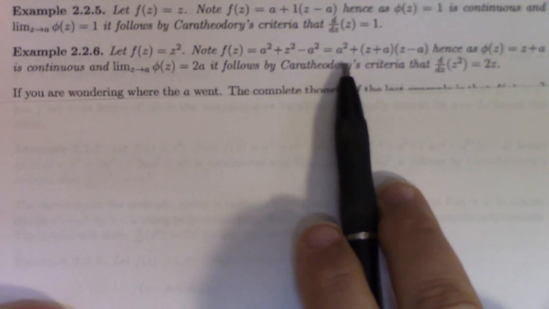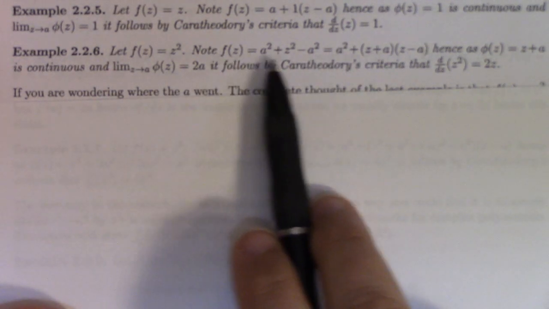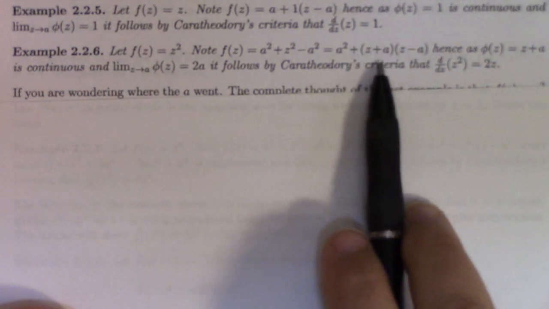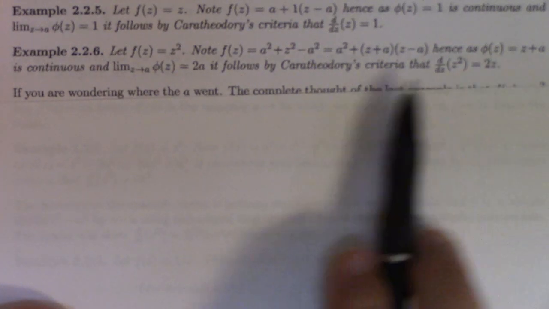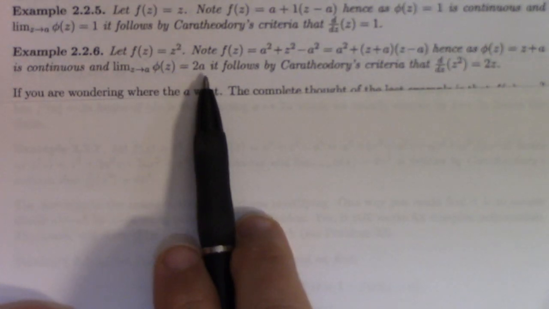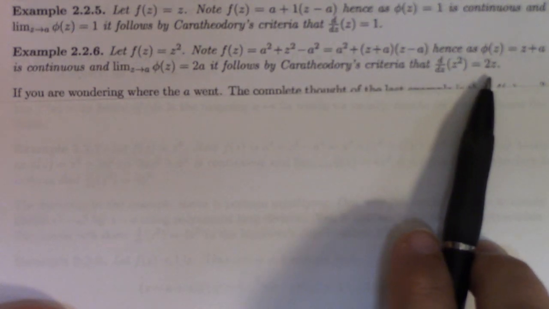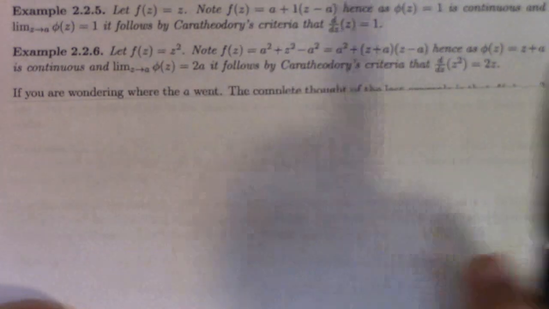So in this case f of a is a squared, so we've got f of z equal to f of a plus z plus a times z minus a. That means that phi of z should be this z plus a term, which of course is continuous and has limit 2a as z approaches a, and it follows from Carathéodory's criterion that d dz of z squared is 2z, because f prime of a is 2a from this.